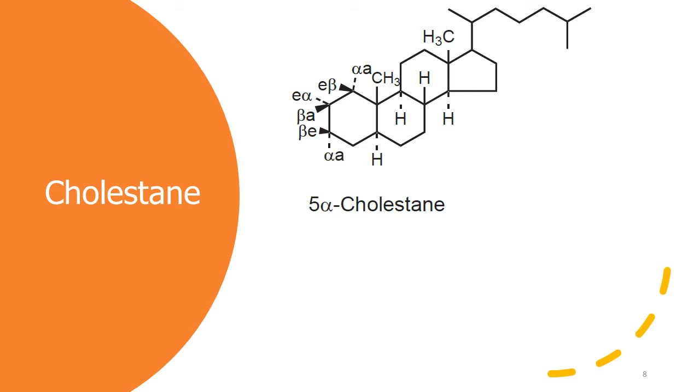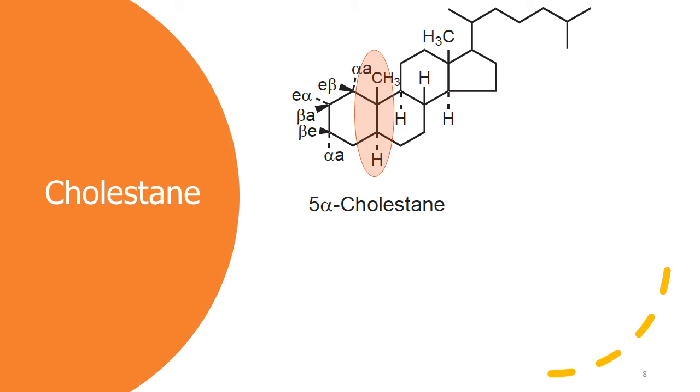The 5 alpha notation is used to denote the configuration of the hydrogen atom at C5, which is opposite from the C19 angular methyl group, making the AB ring juncture trans. The C19 methyl group is assigned the beta side of the molecule.